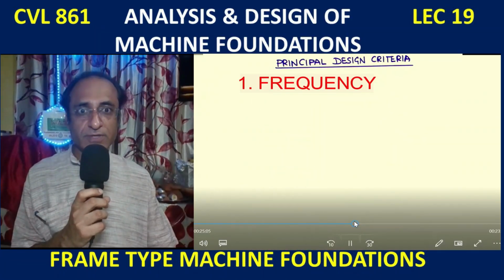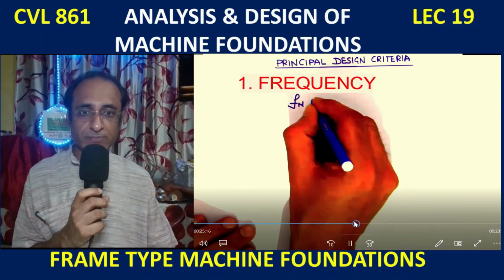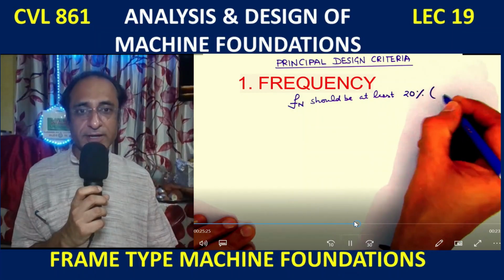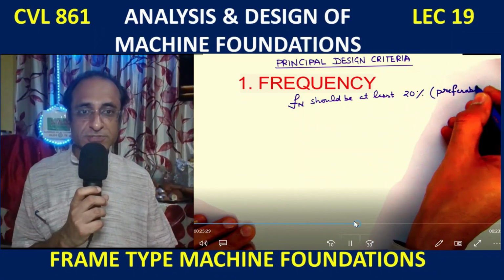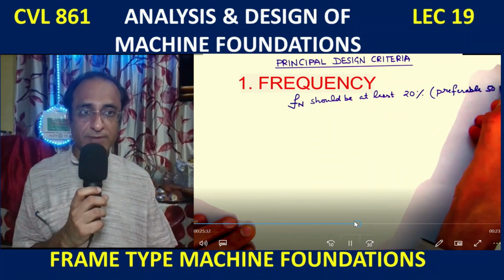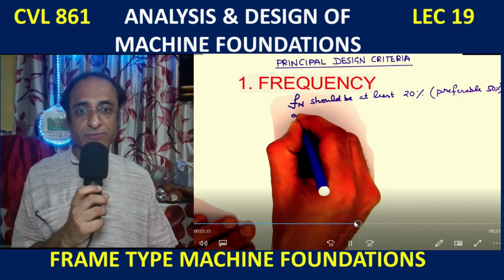In the case of the block type foundations, we know that the frequency ratio should be either less than 0.4 or greater than 1.5. So the criteria here is that the natural frequency of the system should be at least 20% away from the frequency of the machine.